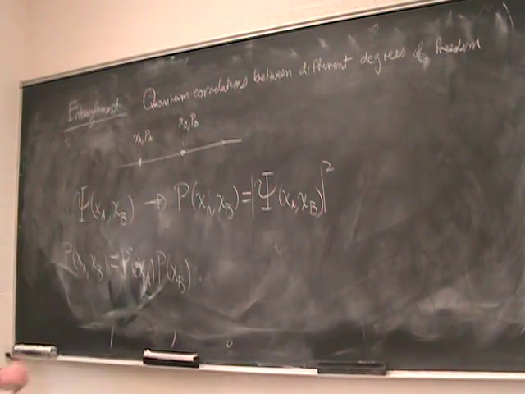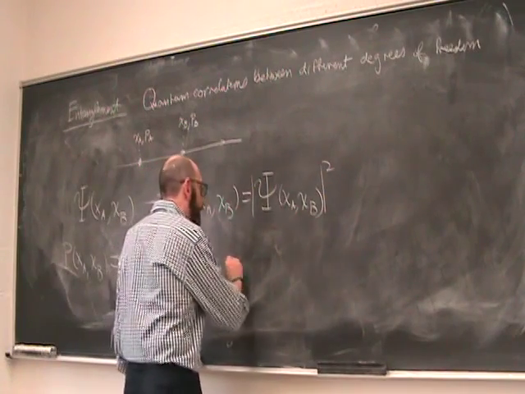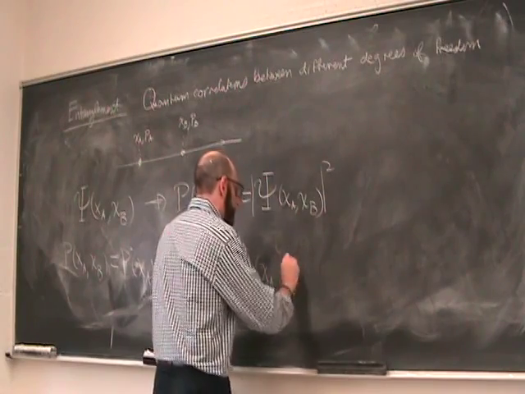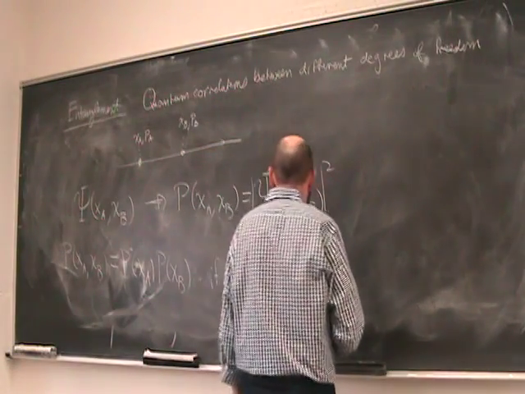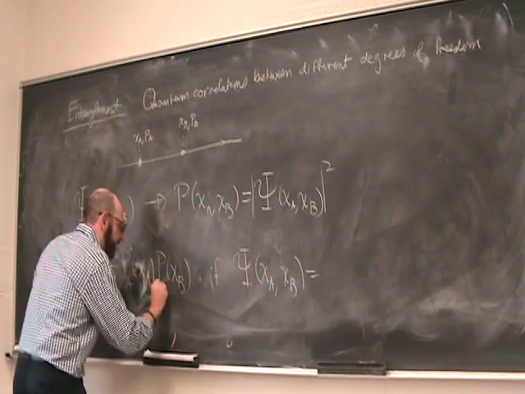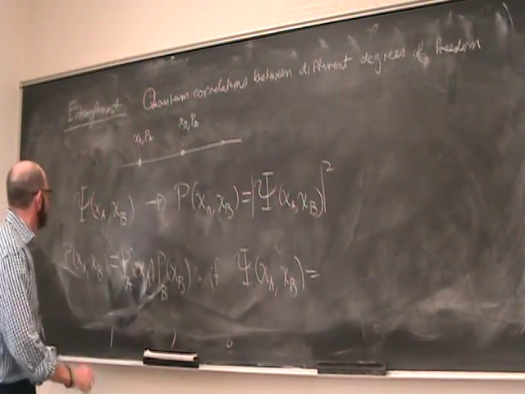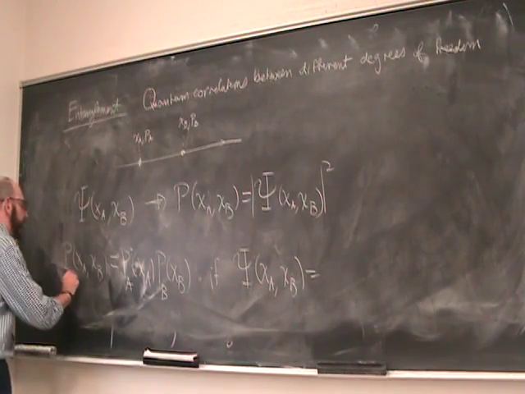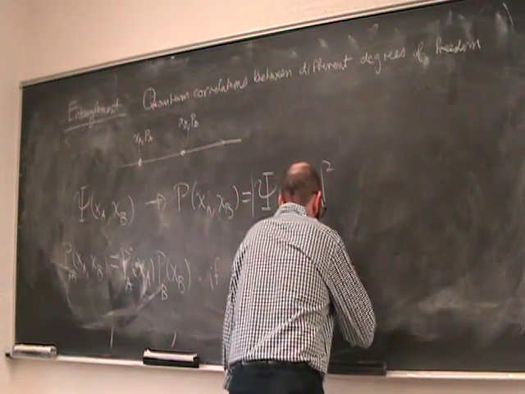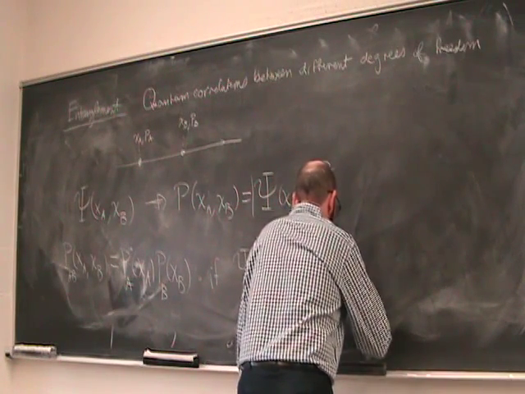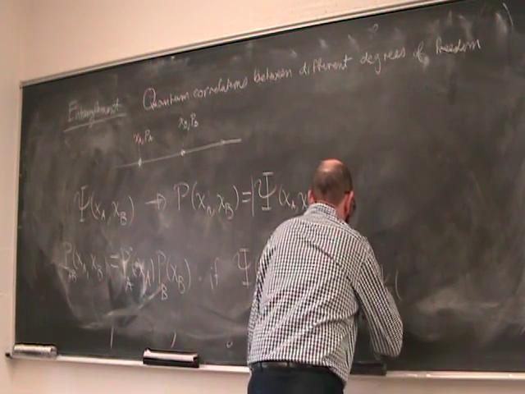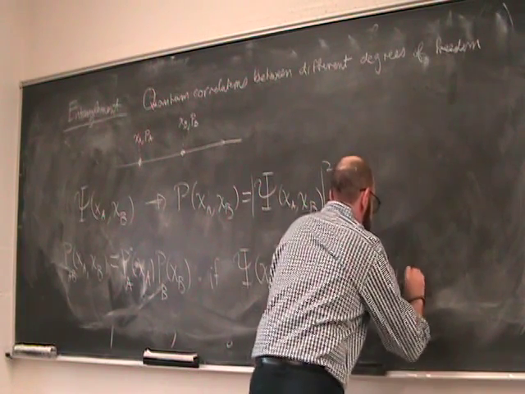If that's true, in this case, if and only if the joint wave function is the product of some psi A as a function of XA, and some psi B as a function of XB.